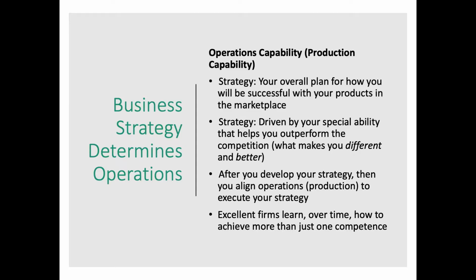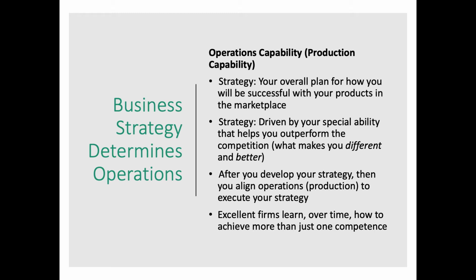All right, so what do we mean that business strategy determines operations? Well, we have to define some terms here. When we're talking about the topic of operations capability or production capability, let's first talk about what strategy is. This is sort of an introduction to the topic.